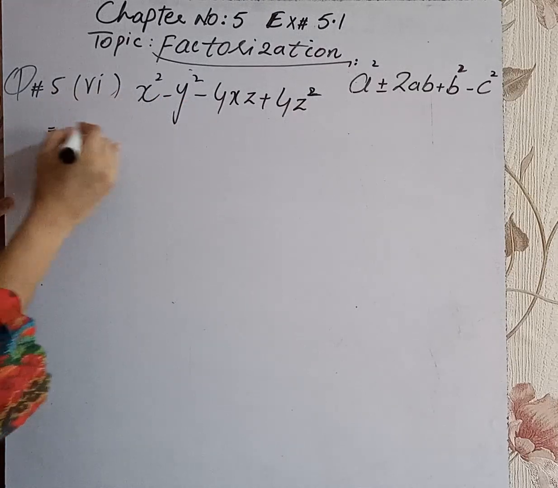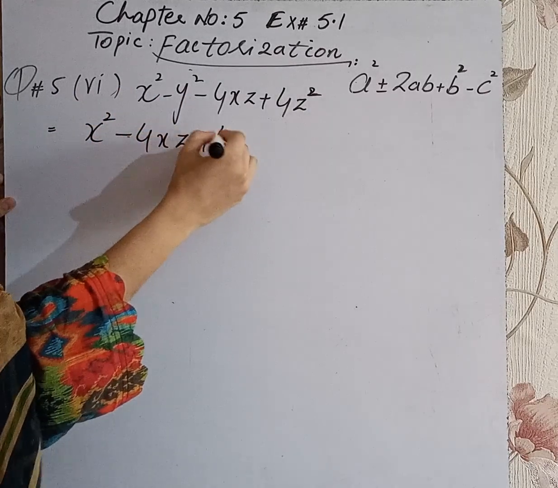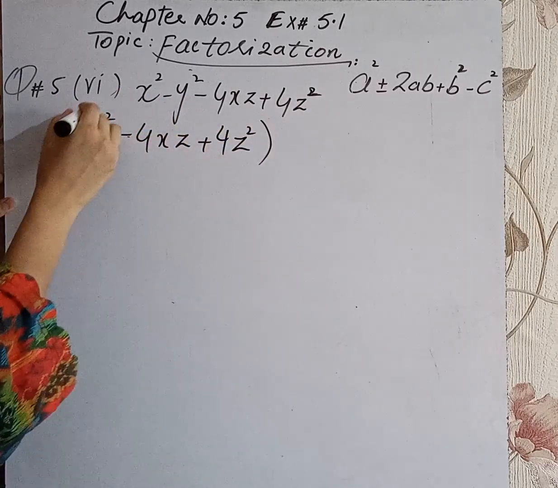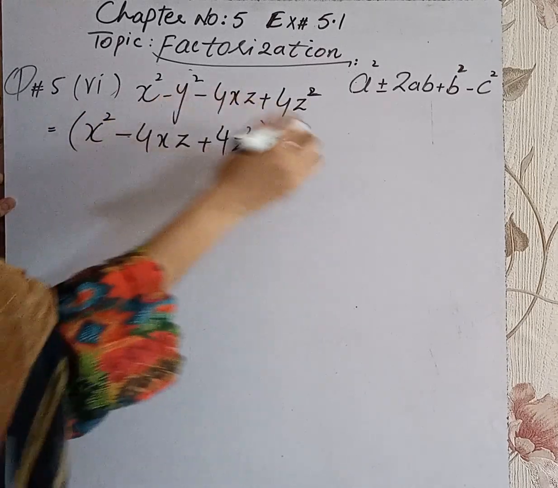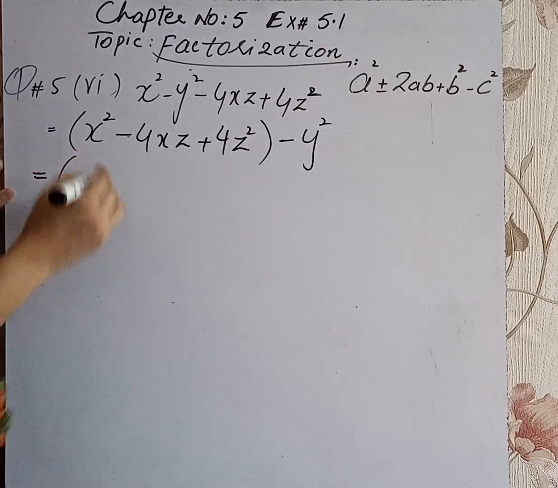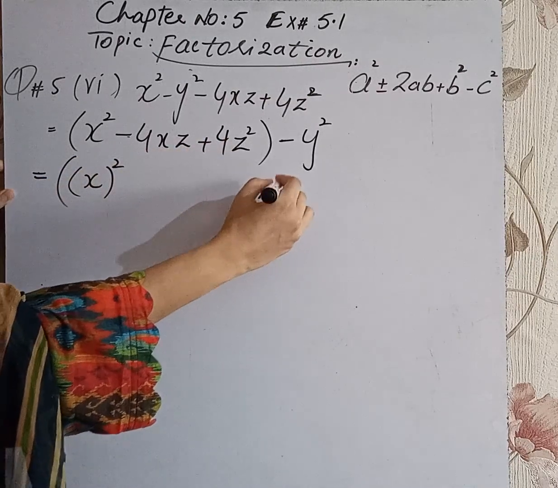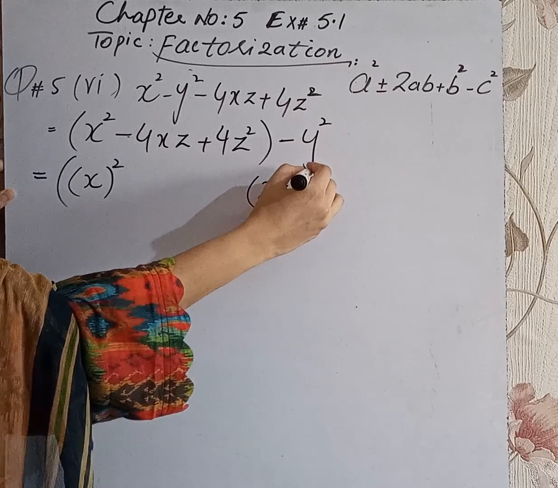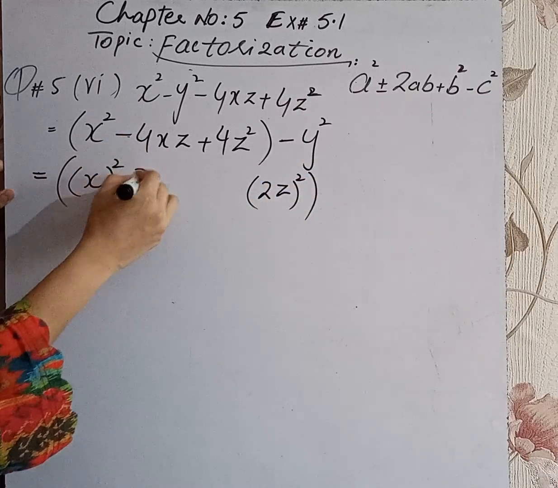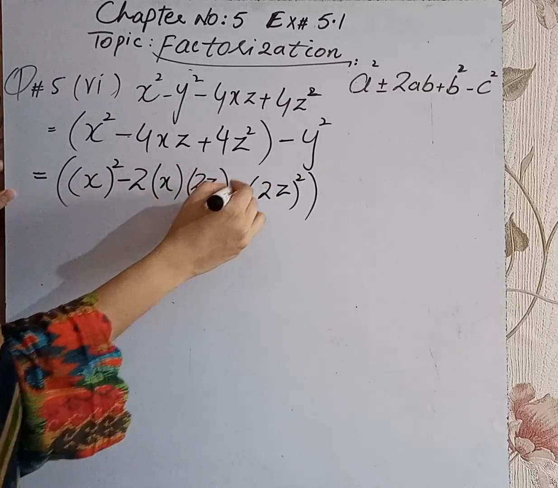And we will combine here x squares minus 4xz plus 4z squares. Then the term with y, minus y square, will be written at the end. Okay, again we will use the third type of factorization. x square is the square of x. 4z square is the square of 2z. According to the formula, here is minus 2 into a, meaning x, into b, meaning 2z.